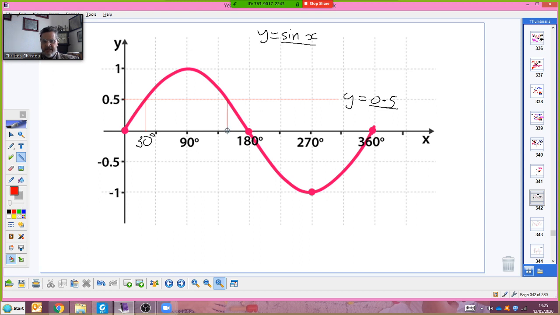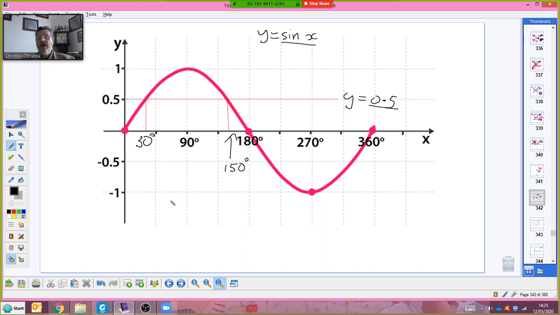Can anyone intelligently tell me what angle that is? 150, 160. It is exactly 150, and I'll tell you why it's exactly 150 degrees.